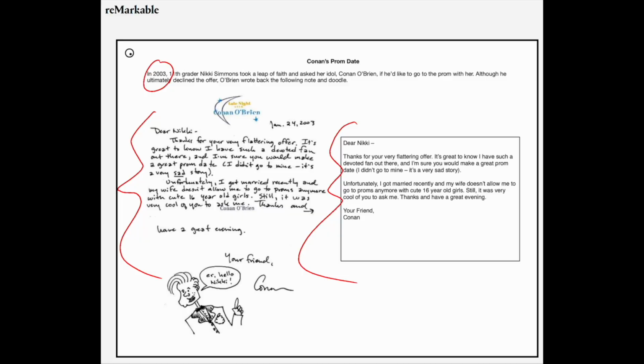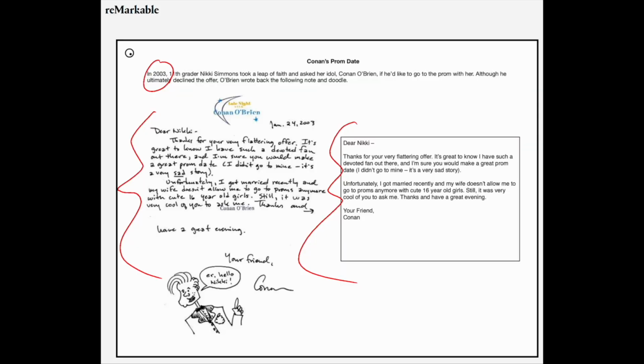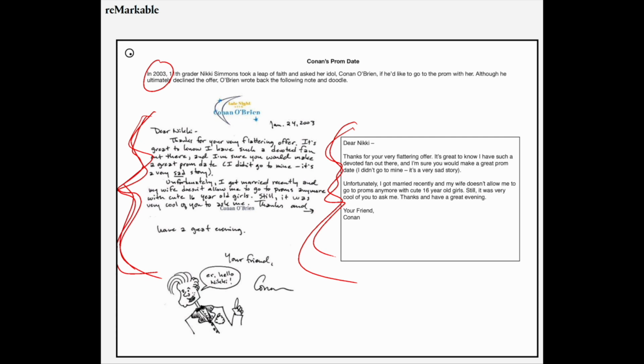And we're going to find that pattern here in these letters. So this is a letter written in 2003 from Conan O'Brien to a fan. Right here on the side, you'll see the handwritten version, and over here, you'll see the typed version, to make it easier to read. So follow along. And as we read this, we're going to discover the universal pattern. Thanks, Nikki, for your very flattering offer.